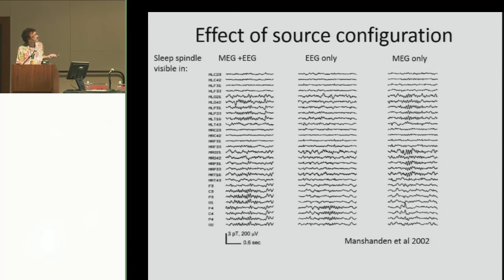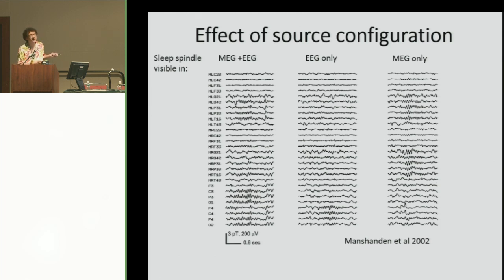This is a nice example of the impact of the source configuration, and to try to go beyond the fight between EEG and MEG. So these are sleep spindles recorded in simultaneous MEG and EEG recordings. And some spindles can be seen in both MEG and EEG, some only on EEG, and some only on MEG.